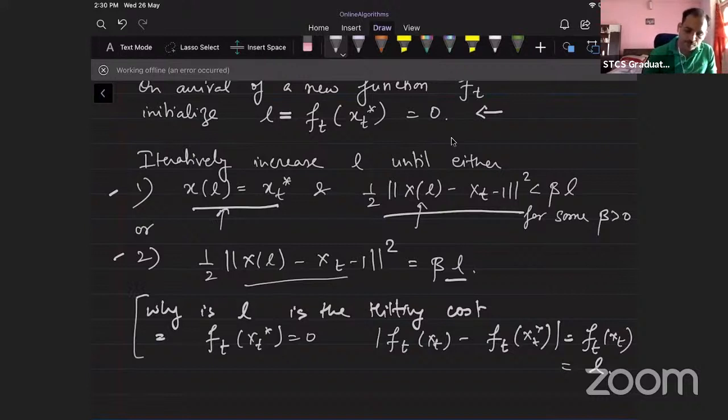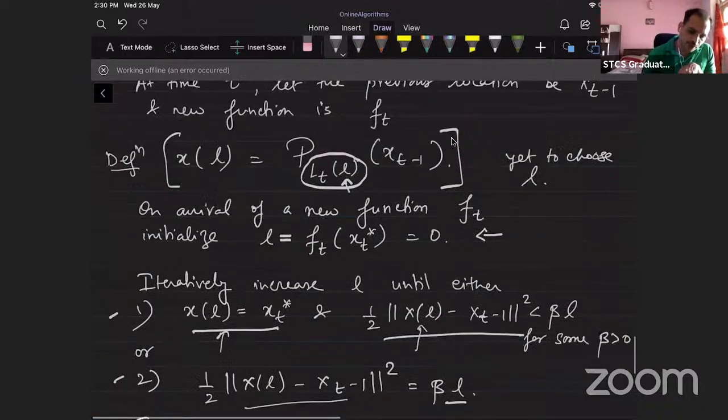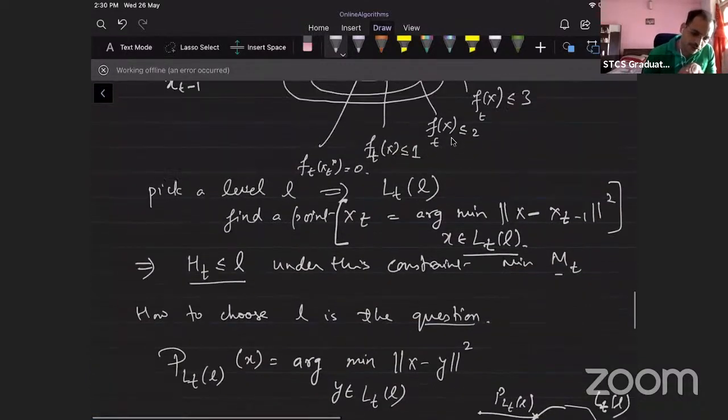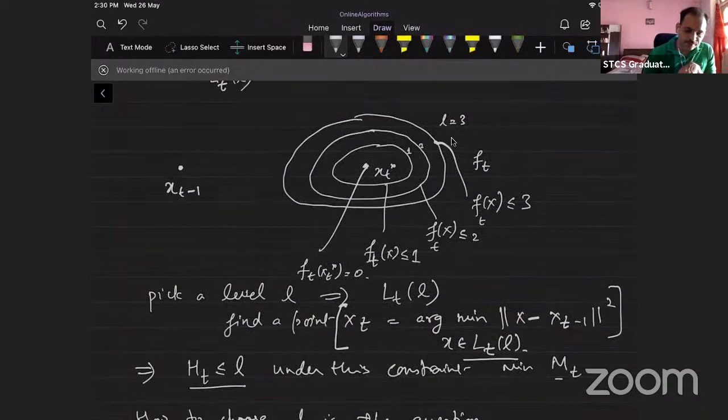I have a question. Yes? When L is 0, so L is f_t(x_t*)? So I'm taking L equal to 0, that is, I'm not deviating at all. If you look at my contour functions, I'm just sticking here. Can you see this? f_t(x_t*) is equal to 0, so the contour map here is exactly a single point.